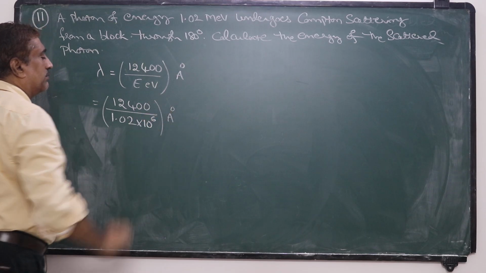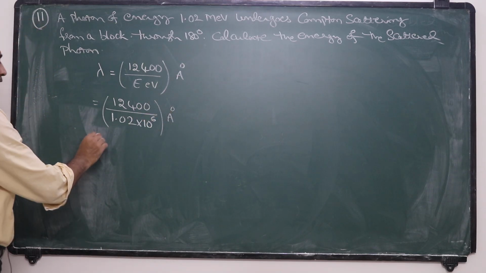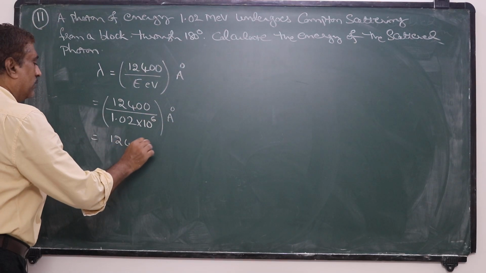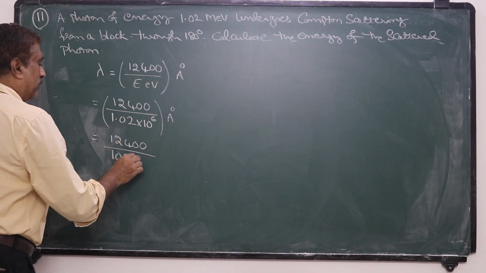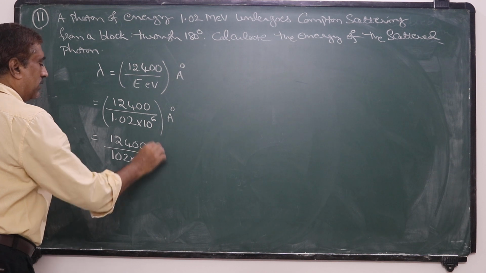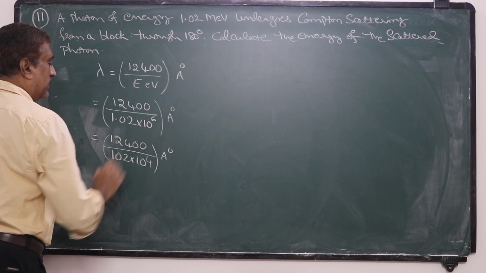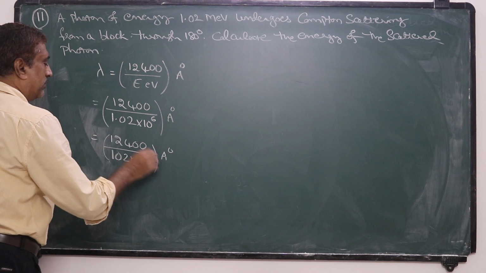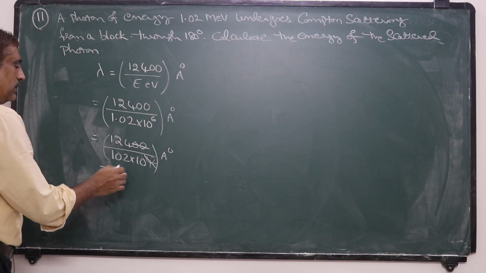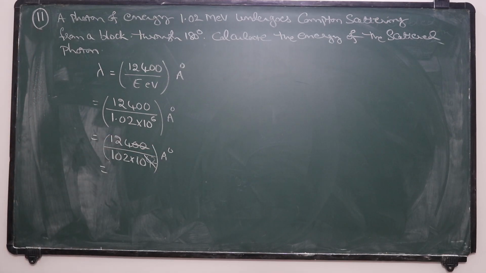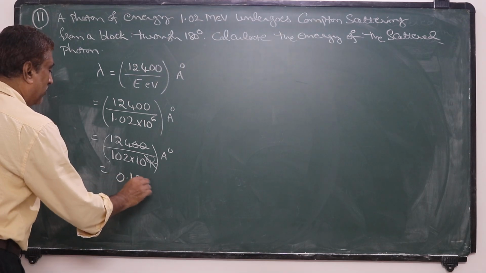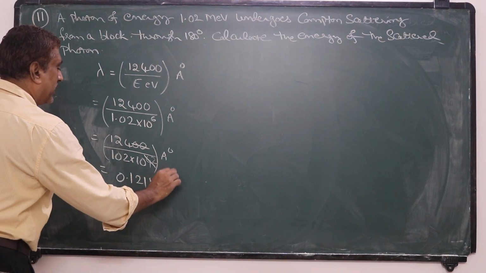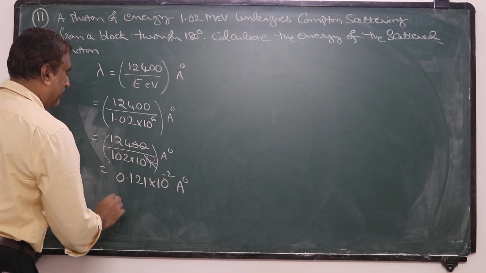That is 12400 by 1.02 into 10 power 6 Armstrong. On calculating we get 0.0121 Armstrong.